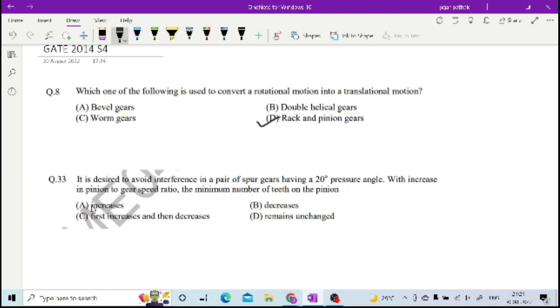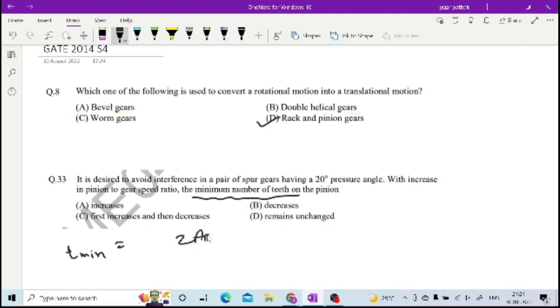Yeah. And here this is something different, but as we have discussed, you can calculate it from this, or you can derive your answer from that one, that what will happen when this particular speed ratio is going to be increased on the minimum number of teeth on pinion. You have that relation, right?